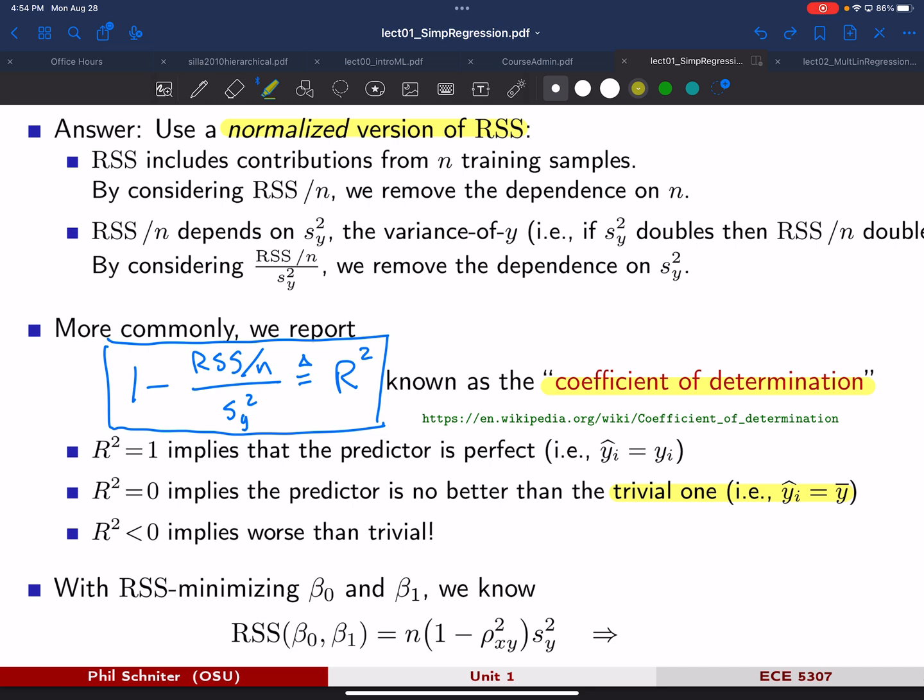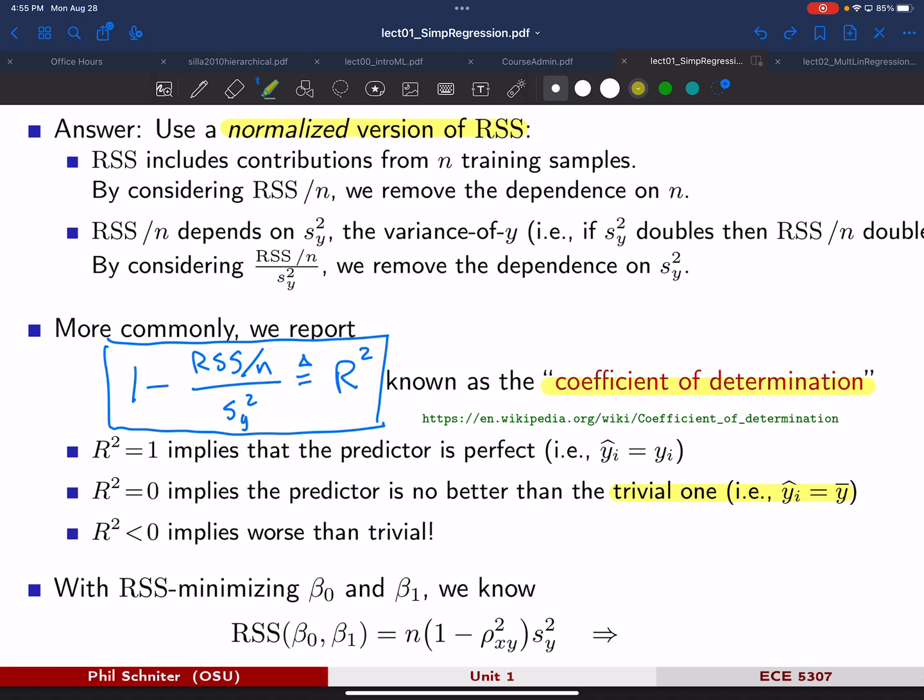That's certainly possible. Just choose y hat randomly and as large as you want. The larger and larger you make it, the larger RSS gets, the smaller negative R squared gets.